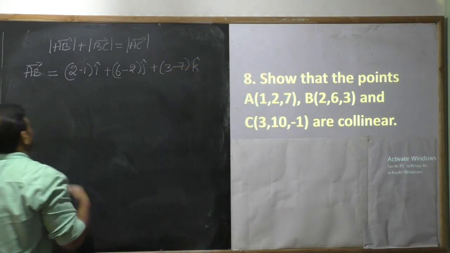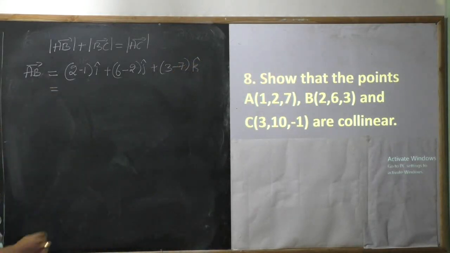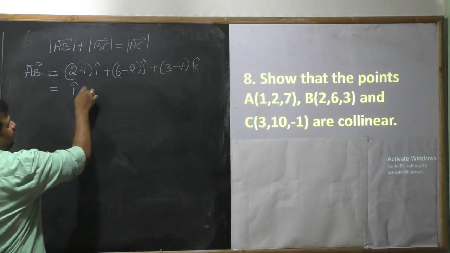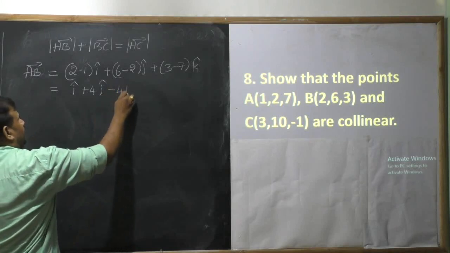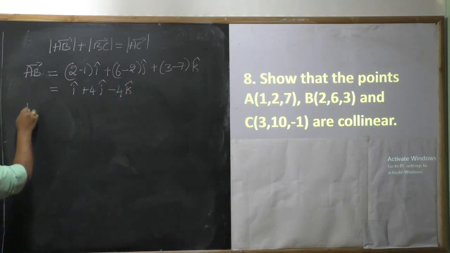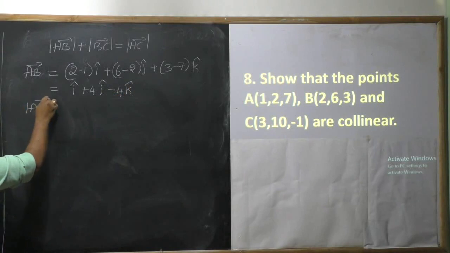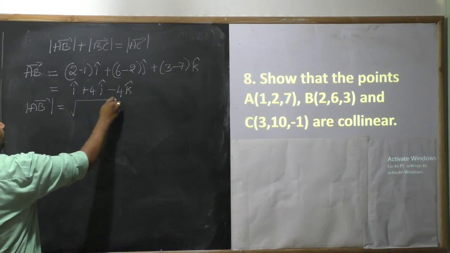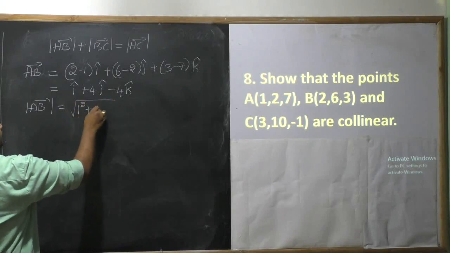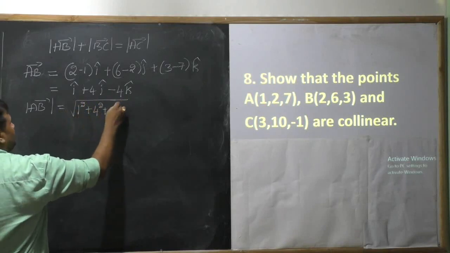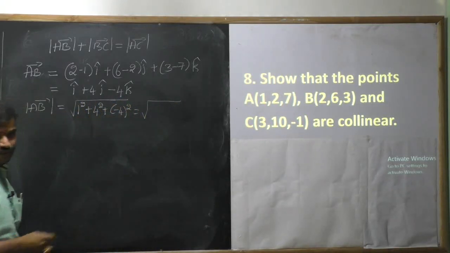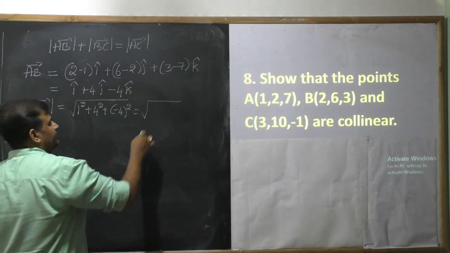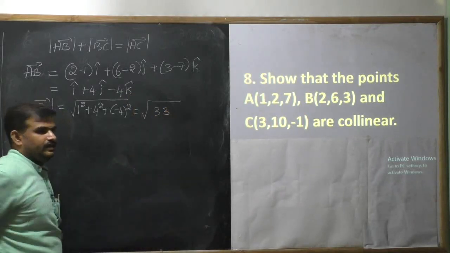So this is I cap plus 4 J cap minus 4 K cap. So finally the magnitude of vector AB is equal to root of 1 square plus 4 square plus minus 4 square, which is root of 1 plus 16 plus 16, that is root 33.